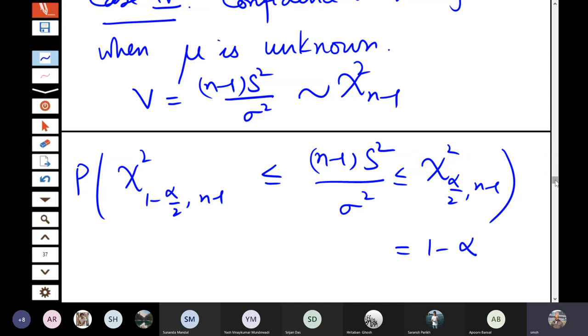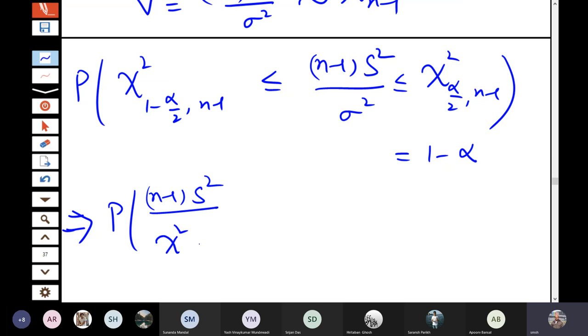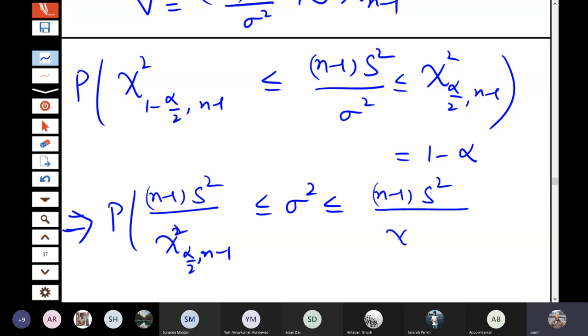So you reciprocate, you reverse the inequalities. So what you will get here? This implies that probability of (n minus 1) s square divided by chi square alpha by 2, n minus 1 less than or equal to sigma square less than or equal to (n minus 1) s square by chi square 1 minus alpha by 2, n minus 1, that is equal to 1 minus alpha.